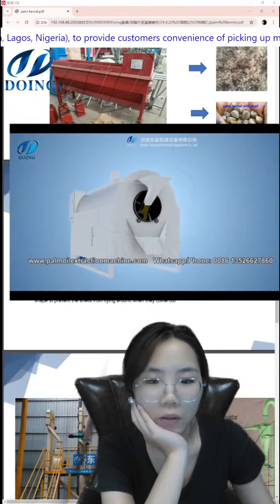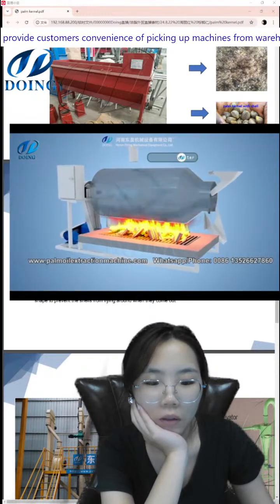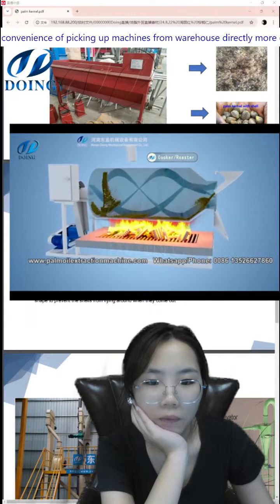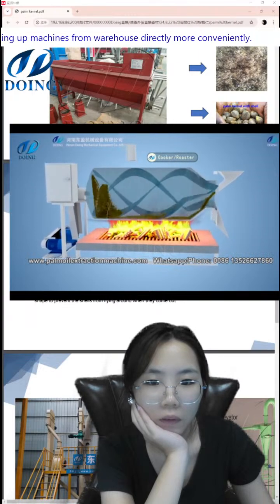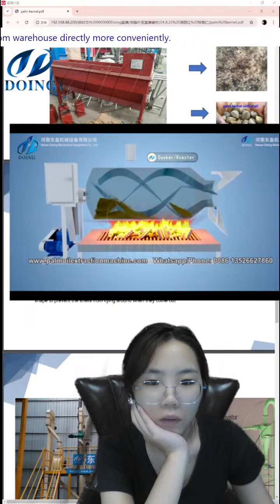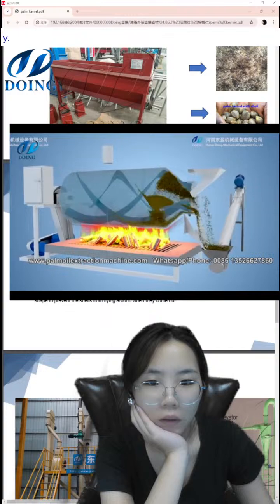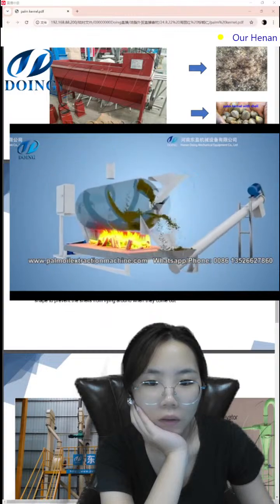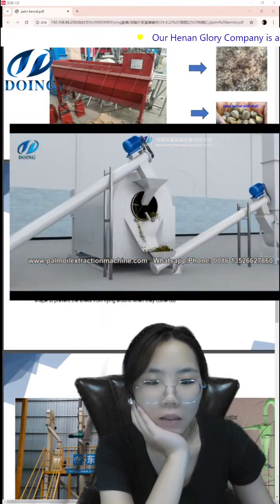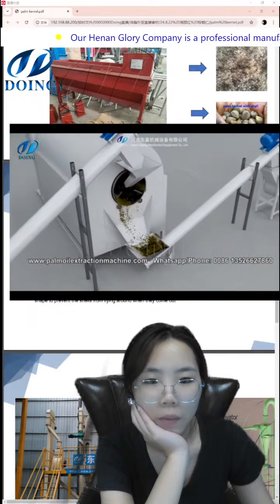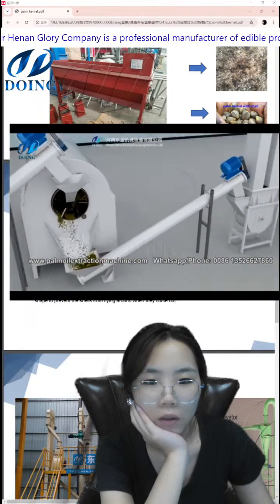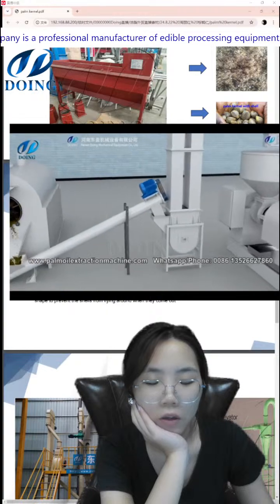Then the palm kernel enters the cooker. And then the palm kernel enters the bucket elevator, and enters the next part.